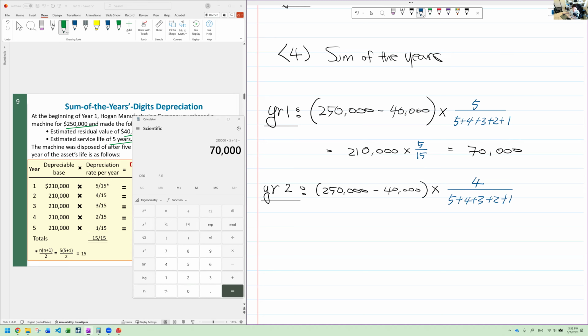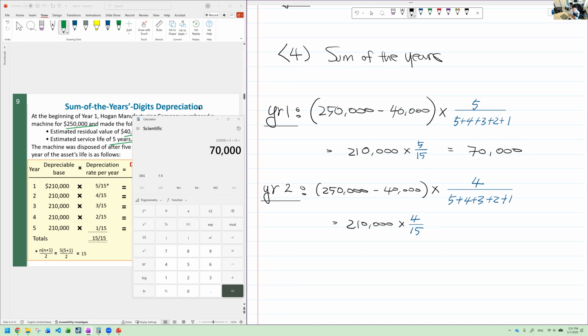So by now, hopefully you get the idea of what ratio you're going to multiply by. $210,000 multiplied by 4 over 15 in year two.